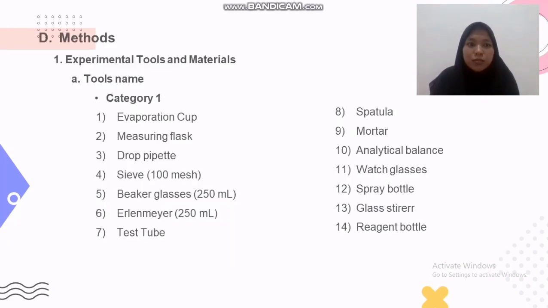The next is methods, experimental tools and materials. Tools, category 1: evaporation cup, measuring flask, drop pipette, sieve, beaker glass, Erlenmeyer, test tube, spatula, mortar, analytical balance, watch glass, spray bottle, glass stirrer, and pipette.